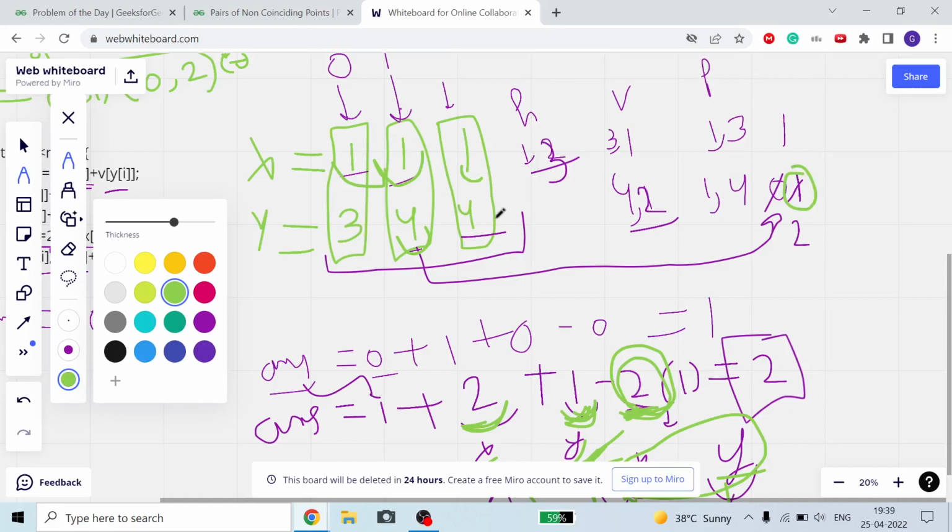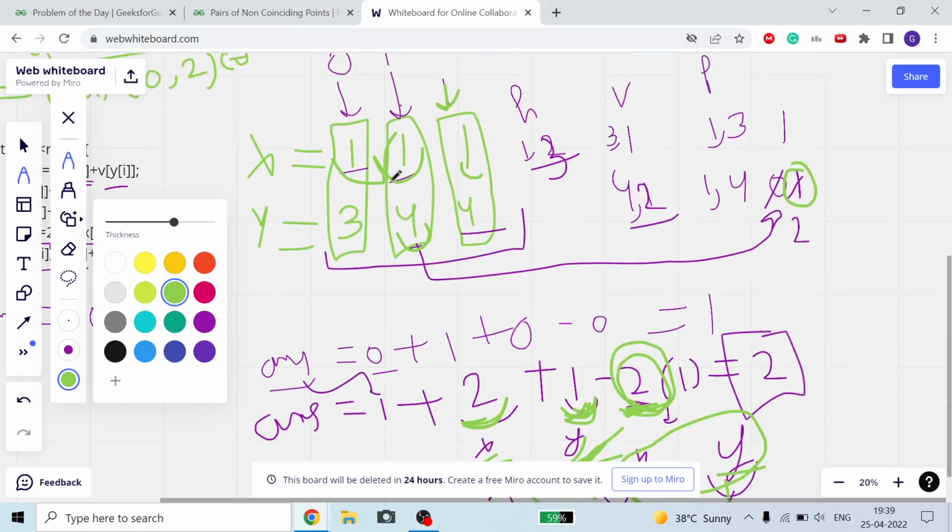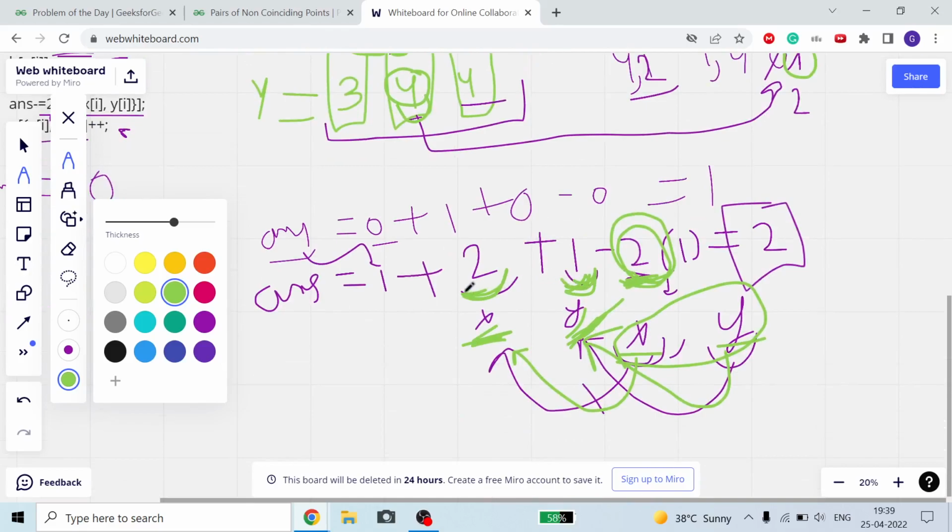I have one coordinate till this index that has the same. So I will decrement this as well. I will go 2 plus 1 is equal to 3, plus 1 is 4, and I will decrement 2 from it. So I will get 2 as my answer.